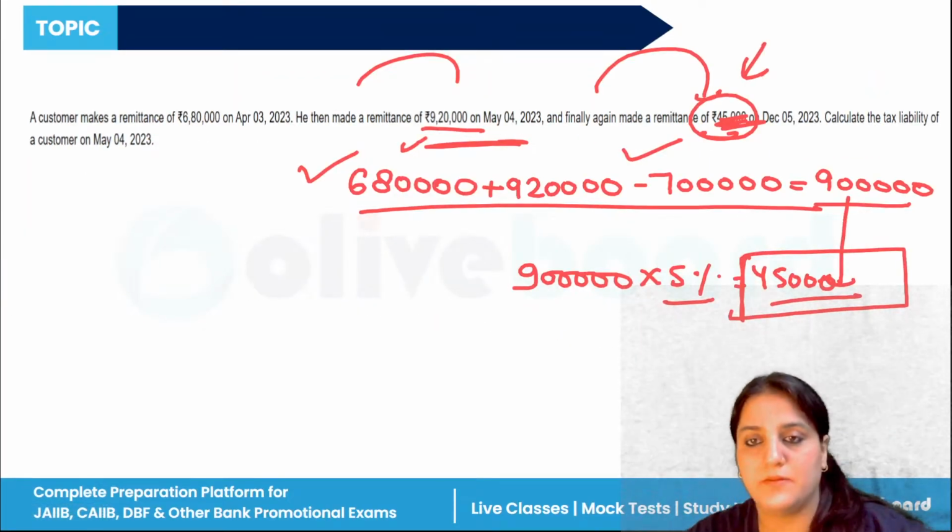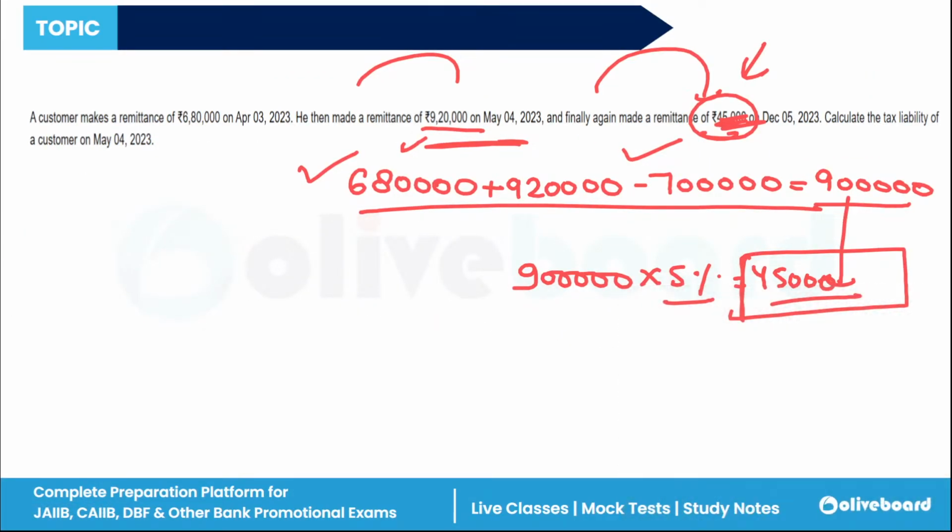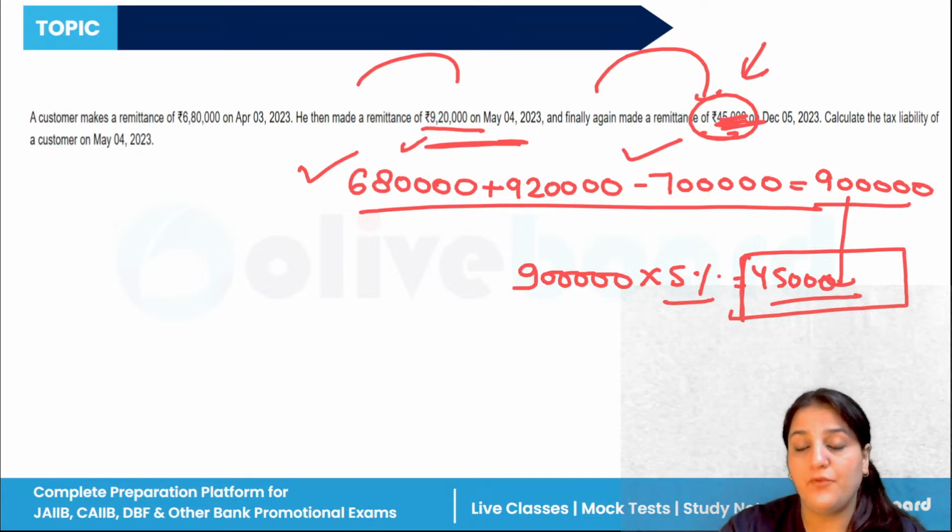Give me a minute. To calculate the 5% on this 45,000 also.